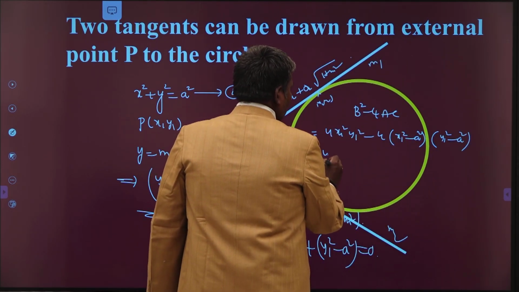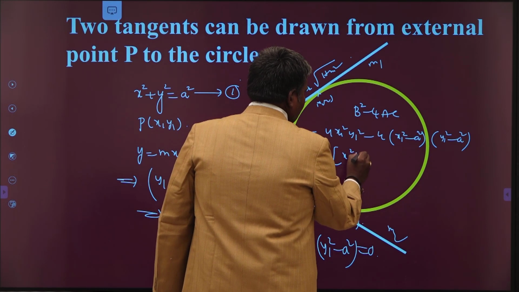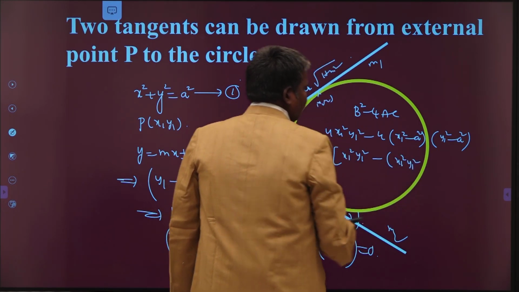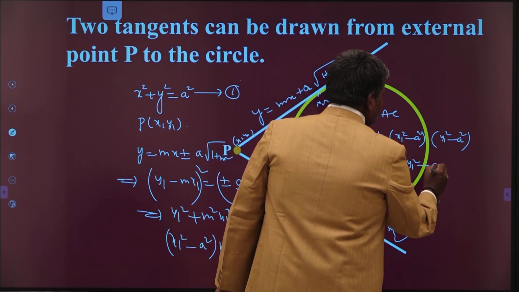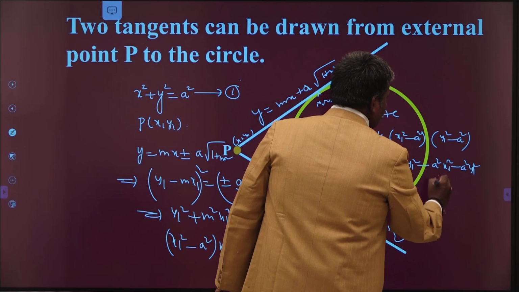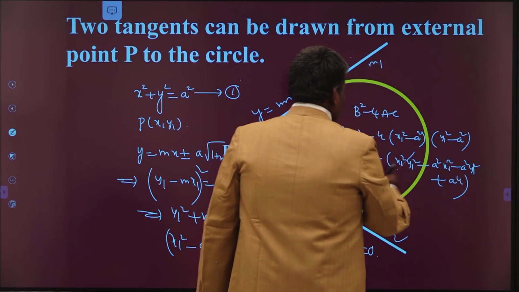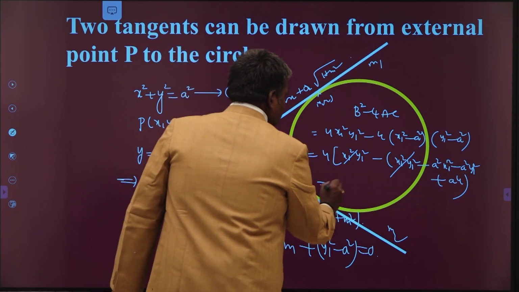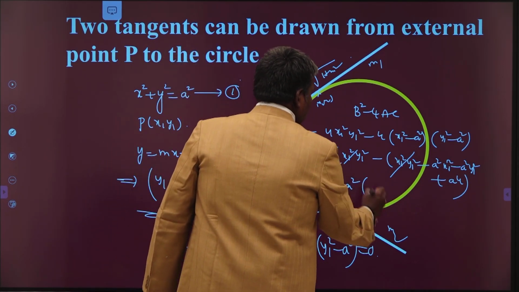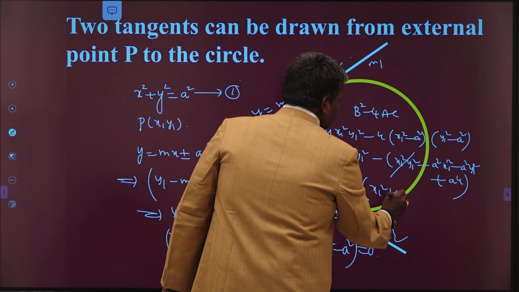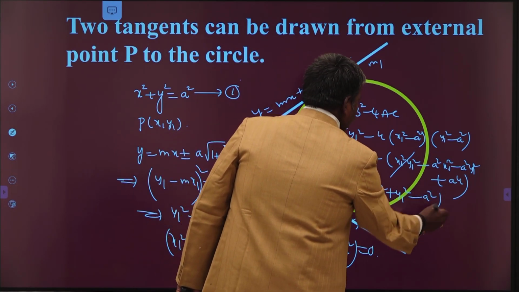This is 4 times (x1 square y1 square minus x1 square y1 square plus a square x1 square plus a square y1 square minus a power 4). x1 square y1 square and x1 square y1 square get cancelled. This is nothing but 4a square into (x1 square plus y1 square minus a square).